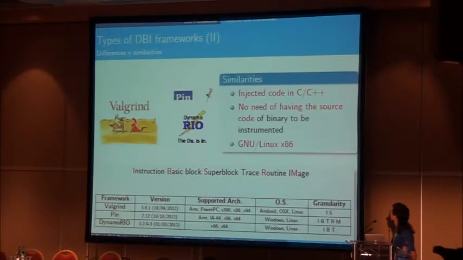Just to comment on some similarities between them, the injected code that we add to our binaries has to be written in C or C++. We don't need to have the source code of the binaries to be instrumented, and all of them allow us to execute in Linux.